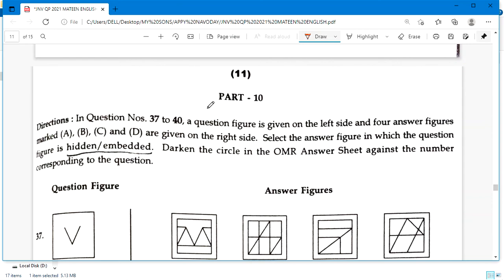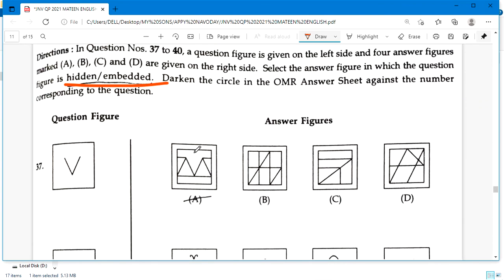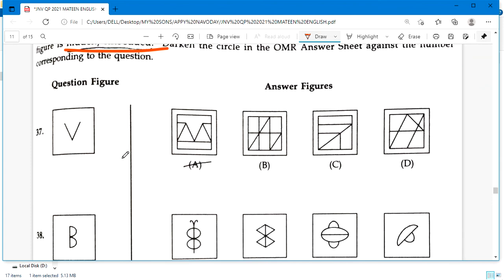And in mental ability part 10, those are the last questions. 4 questions remain in mental ability. These questions include hidden, embedded figures. So what do we have to choose here? They have given one shape.